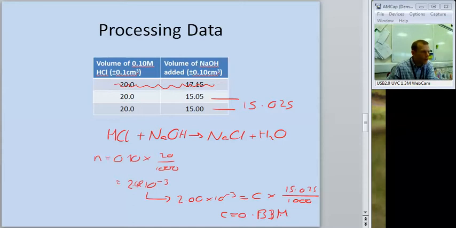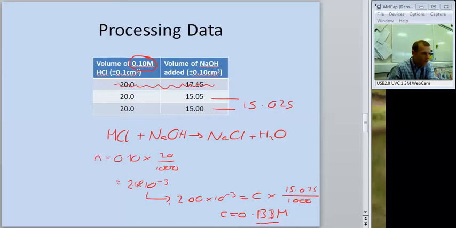Now, looking at this, I've recorded this to 3 significant figures. It's 3 significant figures there, because the smallest number of significant figures I'm dealing with, according to my data, is this. However, a slight problem. It should actually only be to 2 significant figures. The smallest number of significant figures used is 2 here.